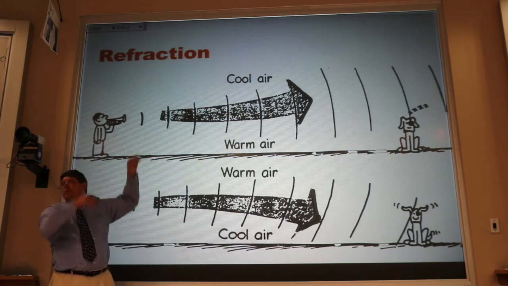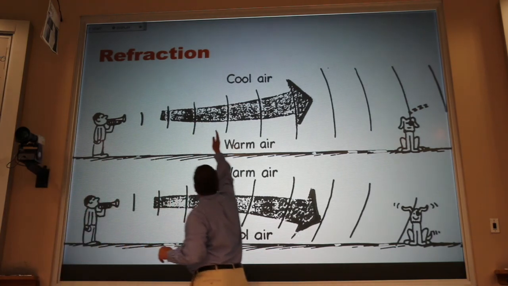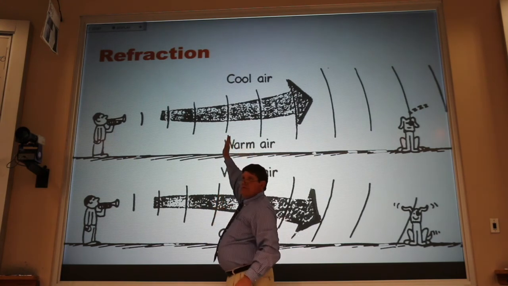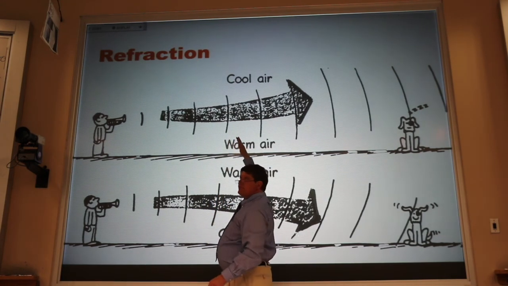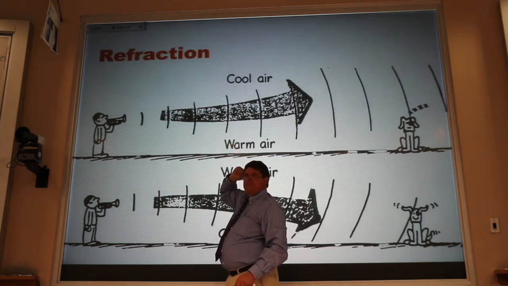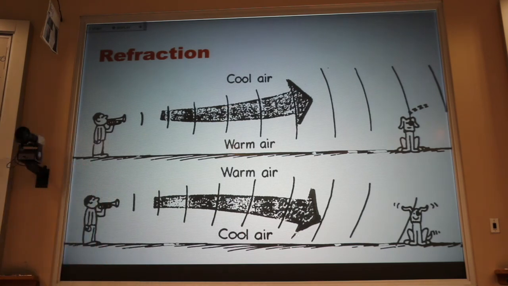It was cooler up above. Now, because these waves propagate as wave fronts, the wavefront down here in the warm air was traveling faster than the wavefront up there in the cool air. It's like pushing a lawnmower where one wheel goes fast and one wheel goes slow.